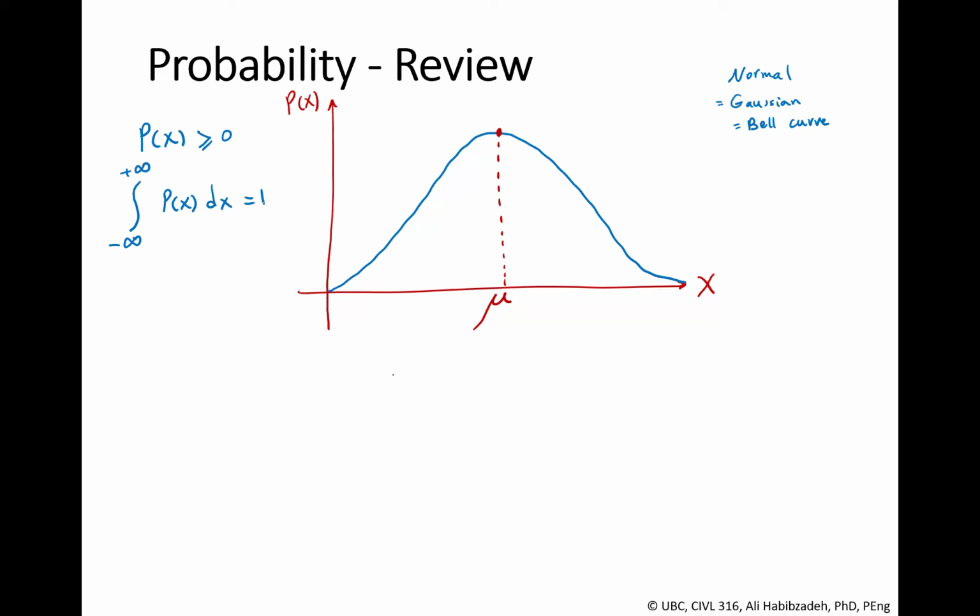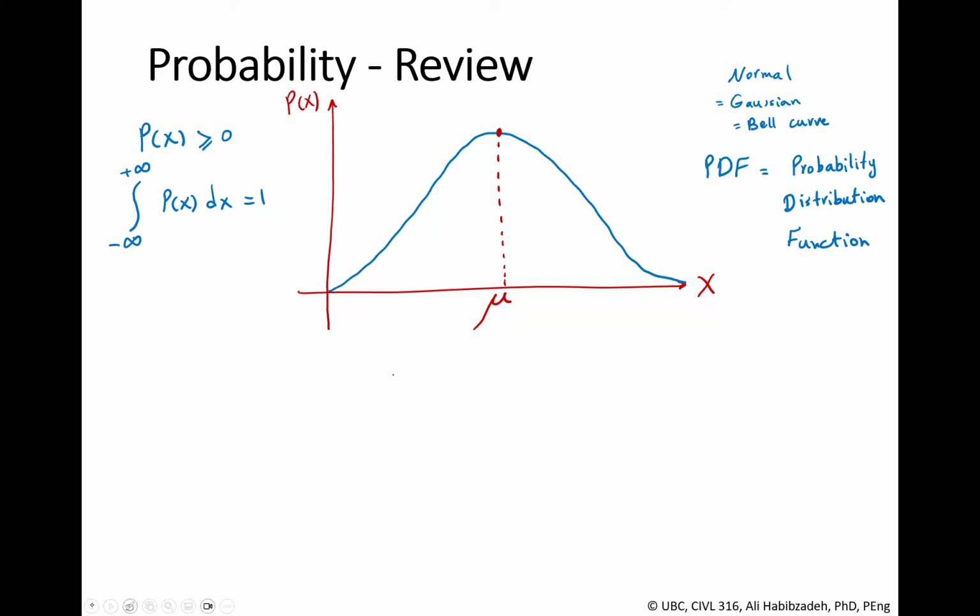So for sure, it adds up to 1. This is typically called the PDF, which stands for probability distribution function.